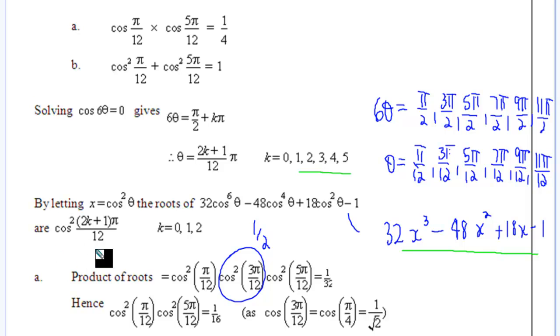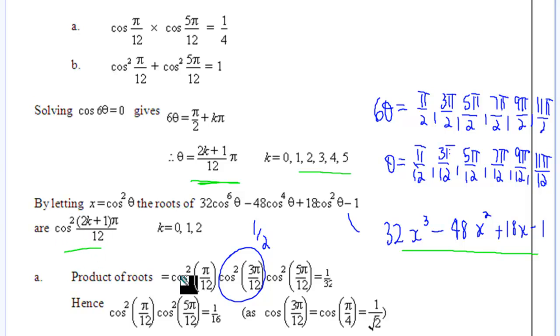So the roots of that one would be cos squared of (2k plus 1) pi on 12. Because it's cos squared theta, that's cos of theta, then squaring it.